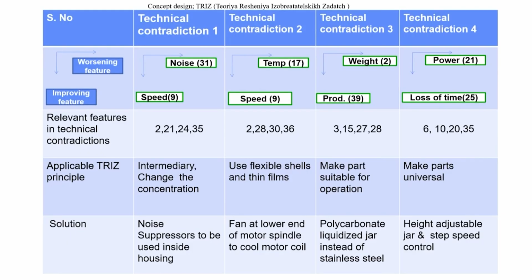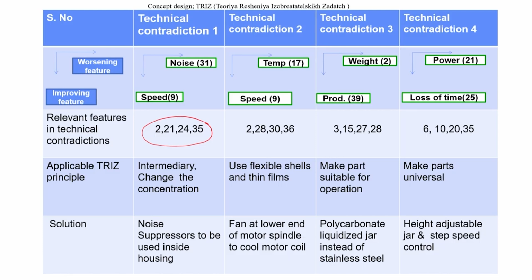Now, they figured out that corresponding to the first case, that is noise versus speed, noise is number 31 and speed is number 9 in that TRIZ matrix table. So, the relevant principles given in the table are 2, 21, 24, 35. Okay. Some of them we can check also.